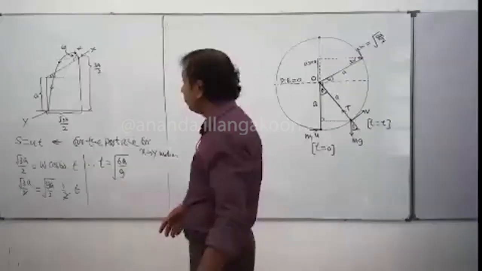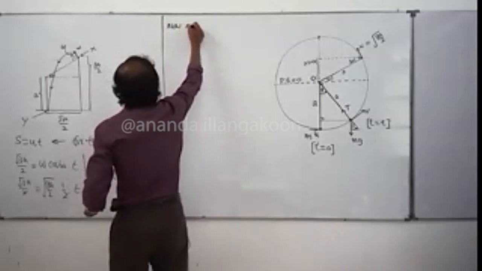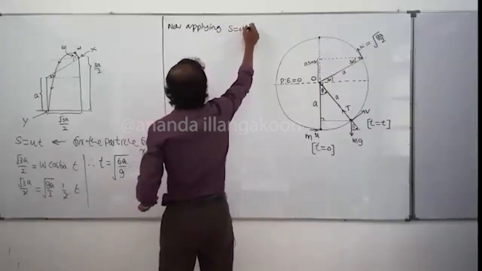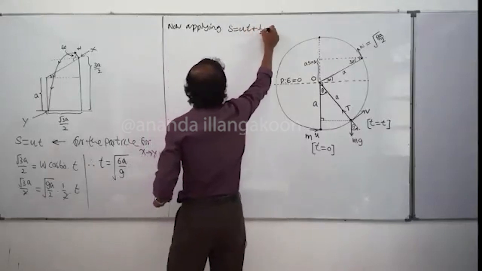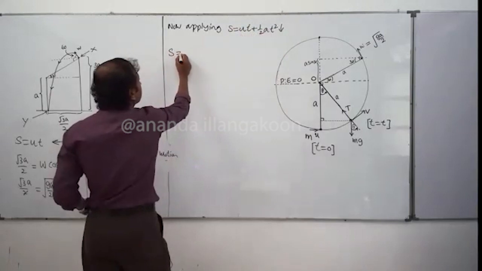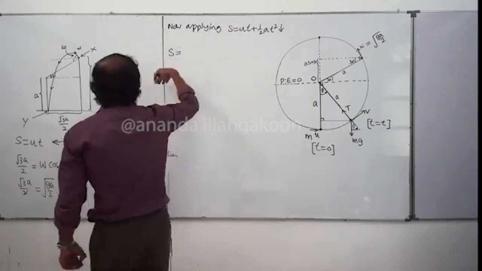Right, now we can apply S equals ut plus half at square in the downward direction. I'm going to calculate this. Yes, downward direction.